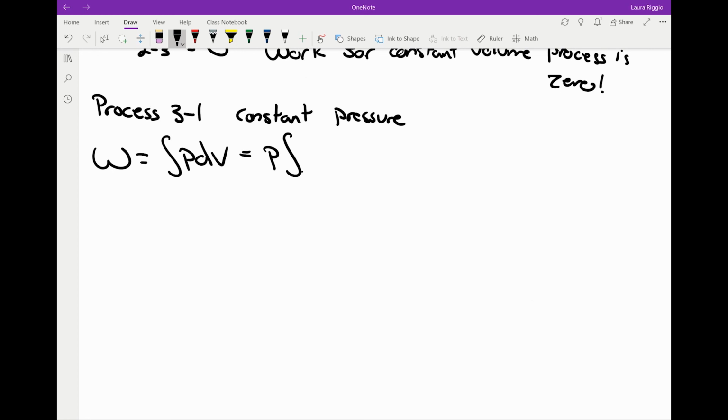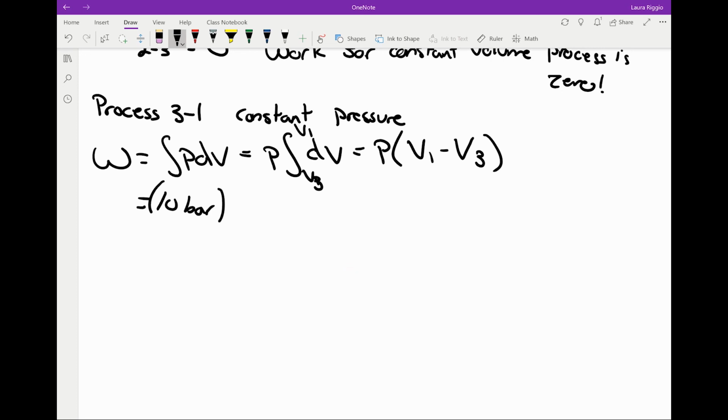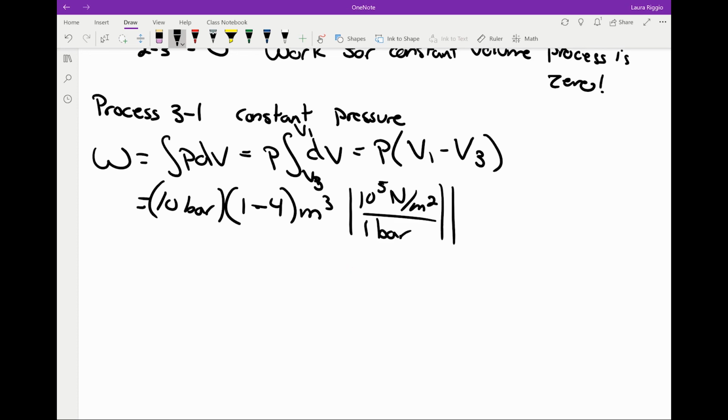Since pressure is constant, it can come outside of the integral, which is equal to P times V1 minus V3, which is equal to 10 bar times 1 minus 4 meters cubed times 10 to the 5 Newton per meter squared per bar times 1 kilojoule is 1,000 Newton meters.